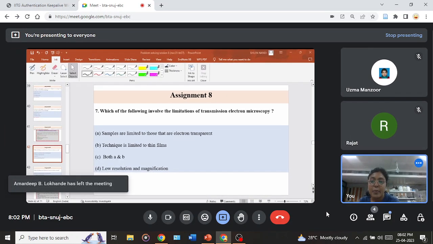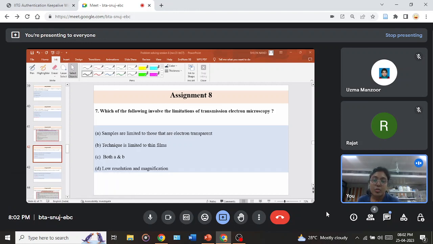Then we have B, that technique is limited to thin films. In case of TEM, the sample should be very thin. Then only the electron will be transmitted through the sample.